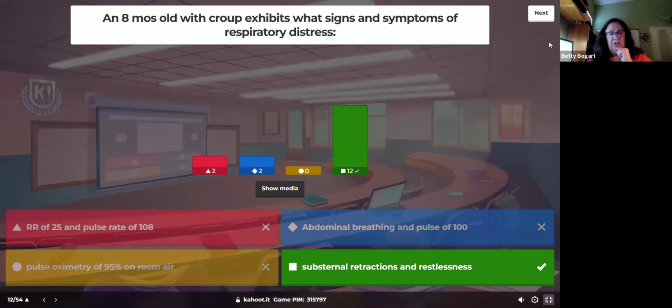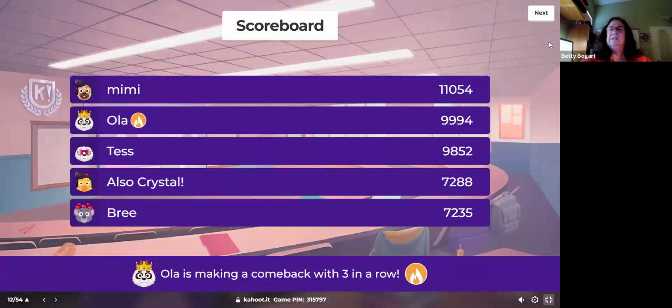That's where you're going to see retractions. And of course, respiratory distress means you're becoming hypoxic, so you become restless. That is part of it. The other thing is nasal flaring and grunting, which are only in infants, and that's also severe respiratory distress.